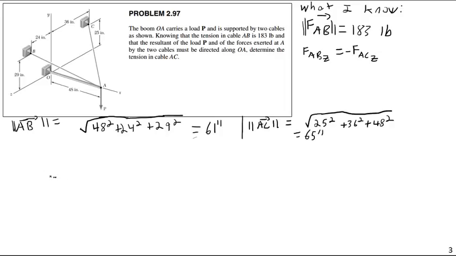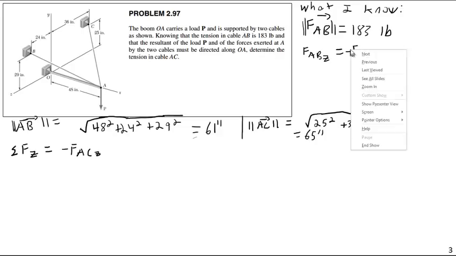So the first thing I'm going to do is apply equilibrium in the z direction. So the sum of forces in the z direction is going to be equal to, well, let's see. I'm going to have FACZ, but minus.